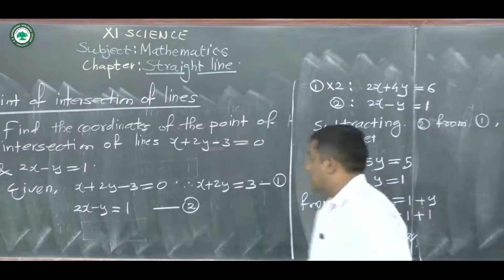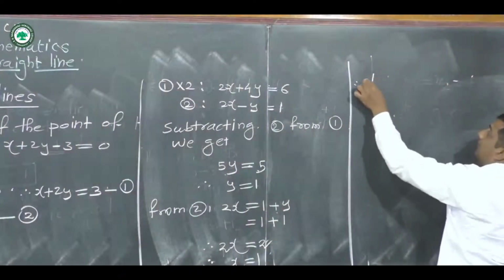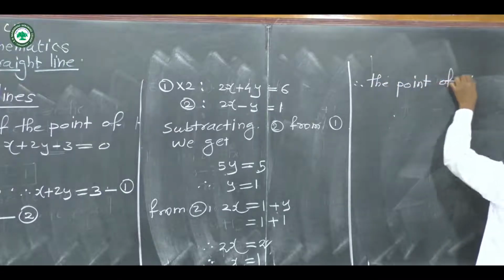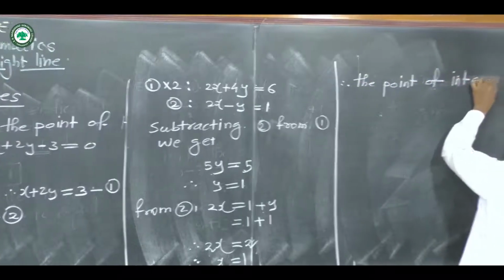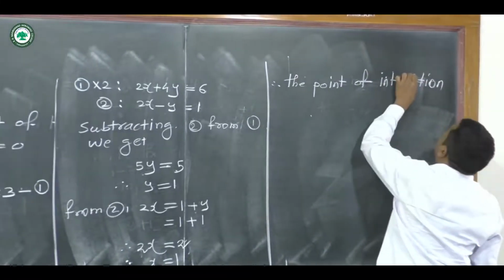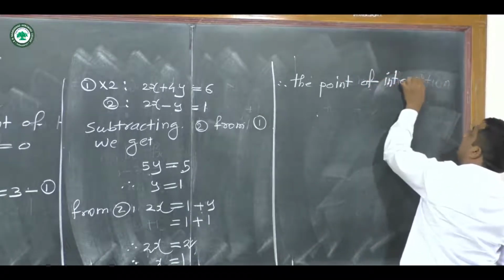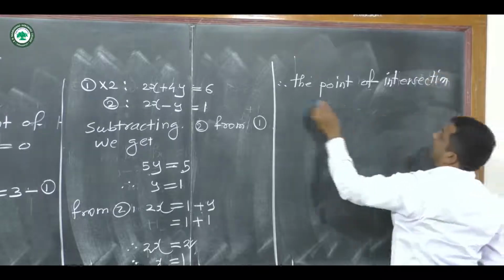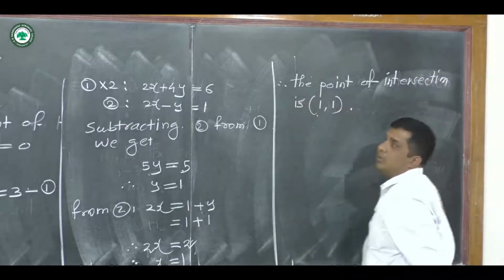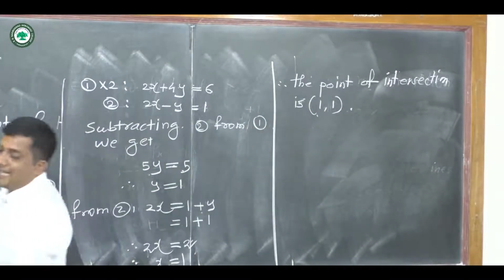Okay, so here we get the point of intersection. Therefore the point of intersection is 1, 1. So this is the point of intersection. Let's go with our second example.